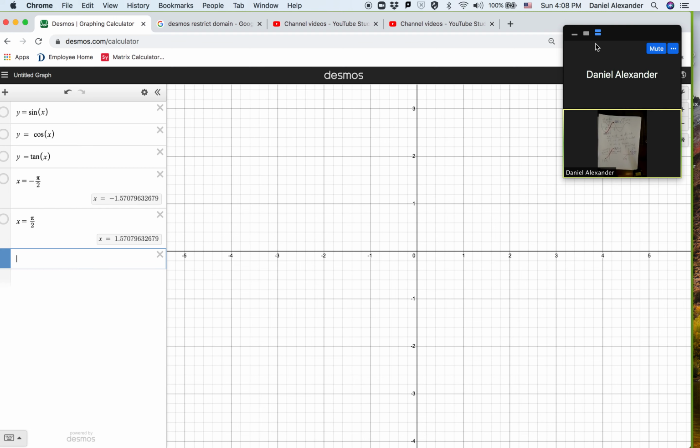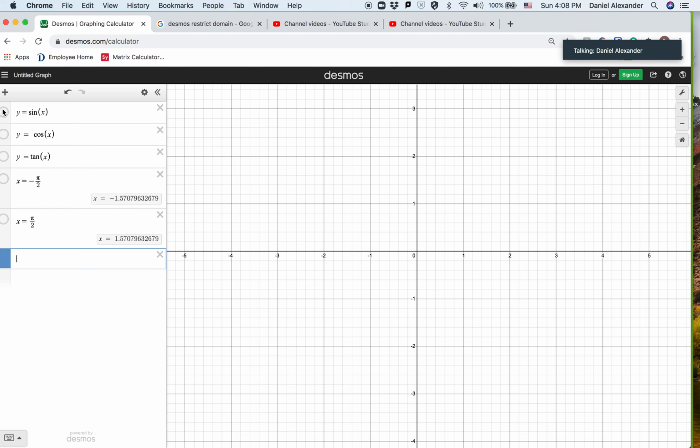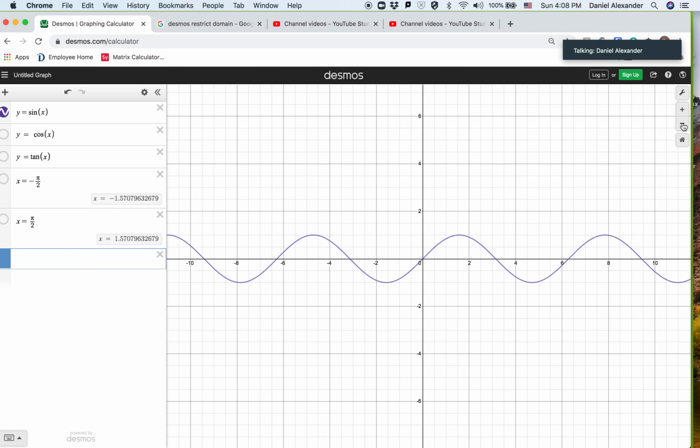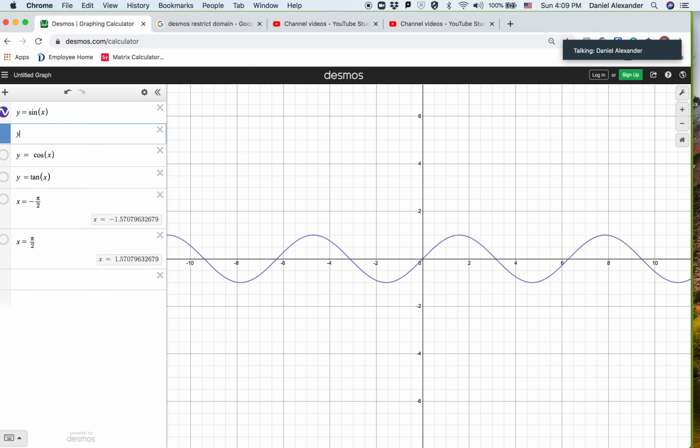Okay, so here's the share with Desmos. Here's the sine. Okay, and again, that has just too many values. So we need to restrict it so we get one complete cycle. And the way that I'm going to do that is here. I'll just add something. I'm going to graph the sine again, and I am going to specify my values.